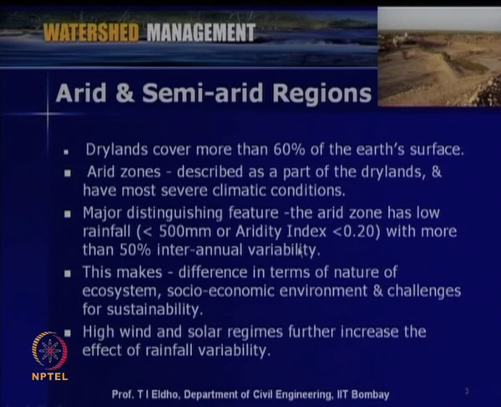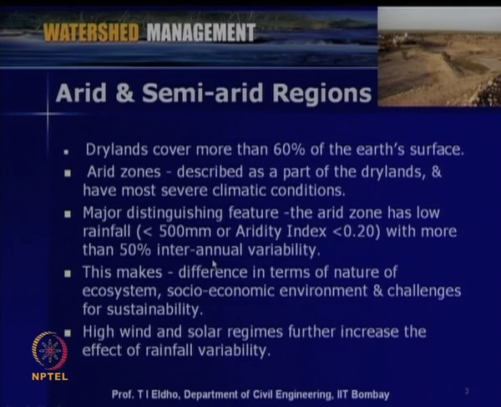and with more than 50% inter-annual variability. In these arid regions, even though the average annual rainfall may be 200 or 300 millimeter, there is drastic variation, more than 50% inter-annual variability. This makes a difference in terms of the nature of the ecosystem, socio-economic environment and challenges for sustainability.